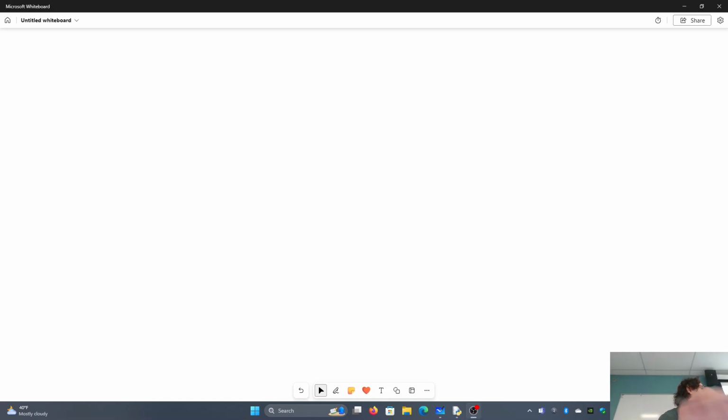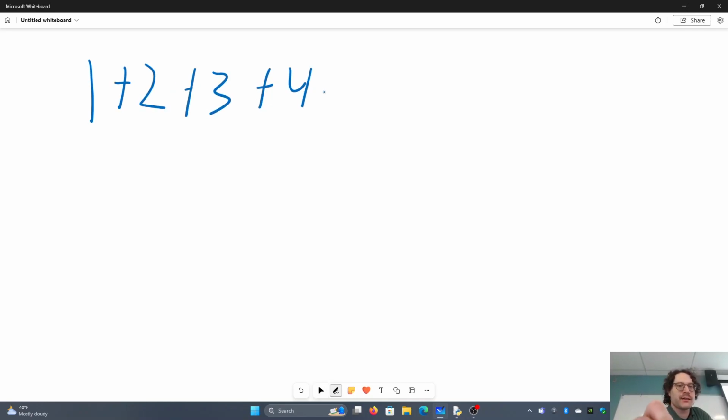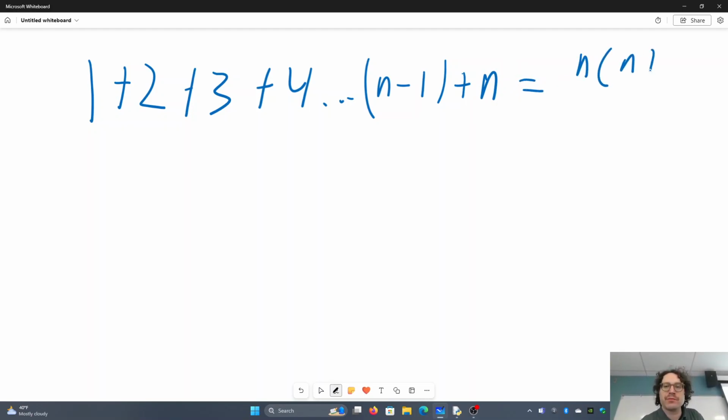This question was question 3 from our homework, which is 1 plus 2 plus 3 plus 4, dot, dot, dot, n minus 1 plus n, is equal to n times n plus 1 over 2.